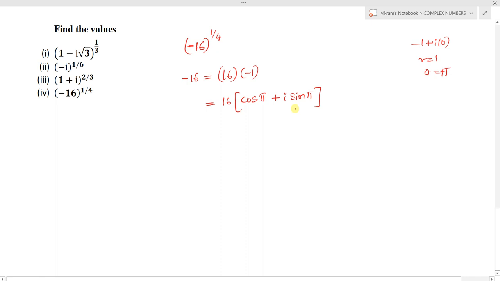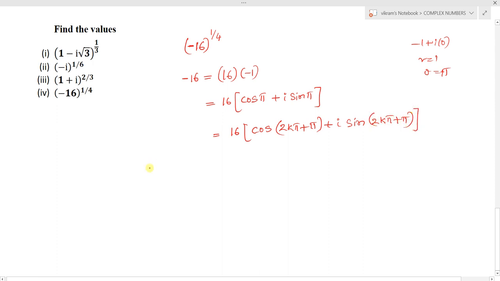Now we can generalize this, directly for our requirement, as cos of (2k pi plus pi) plus i times sine of (2k pi plus pi).